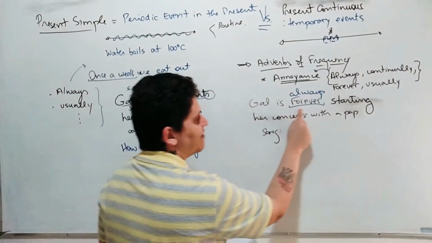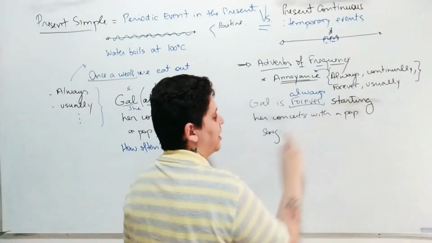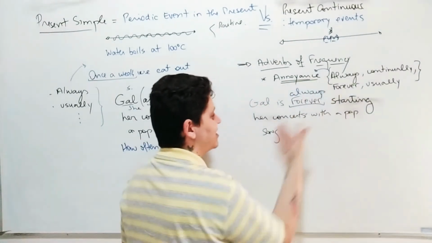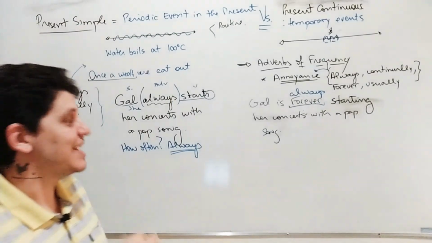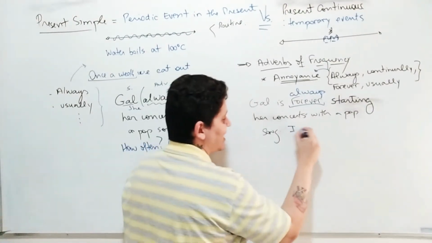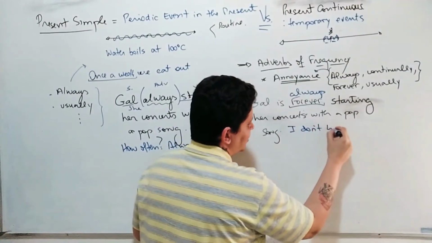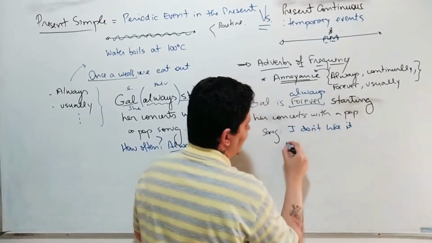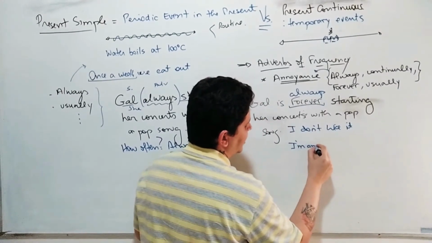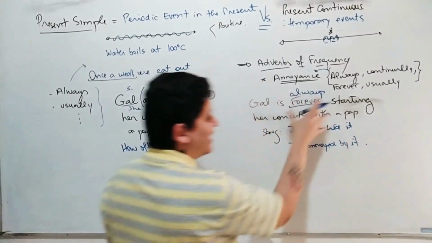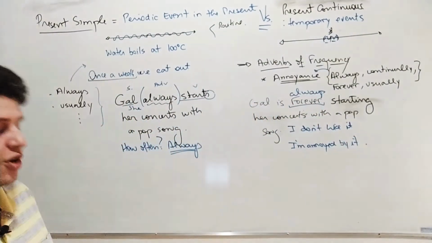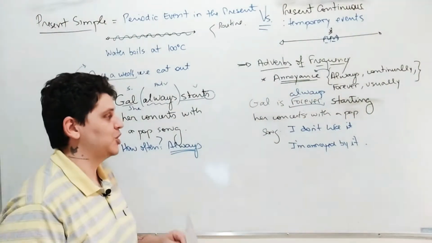So Gao is forever starting her concerts with a pop song. She's always starting her concerts with a pop song. And now, you see, I don't like it. In this example, I am annoyed by it. I don't like that she always starts her shows with a pop song.